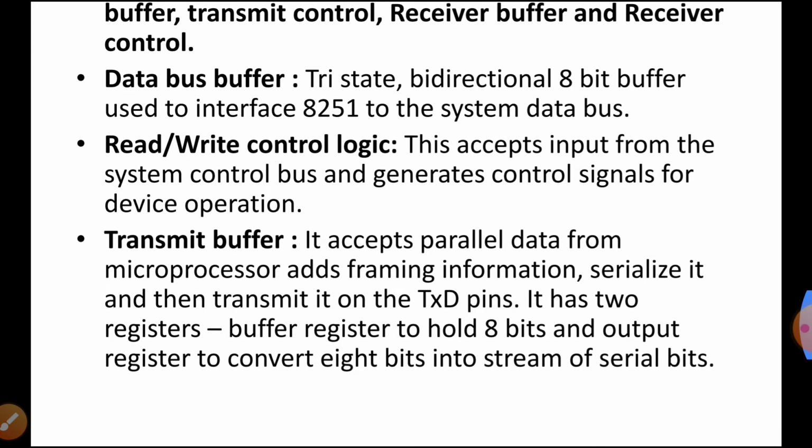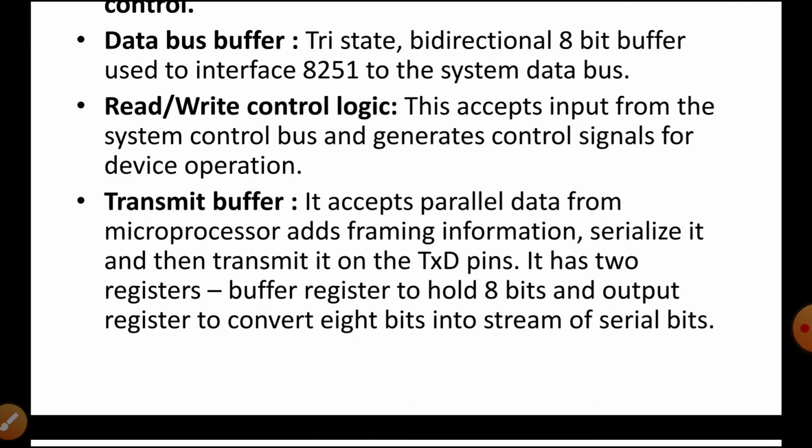The third block is the transmit buffer. The transmit buffer accepts parallel data from the microprocessor, or you can say the CPU, adds appropriate framing information, serializes it and then transmits it on a certain pin, that is the TXD pin. It has two registers.